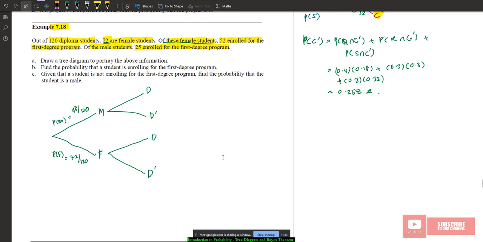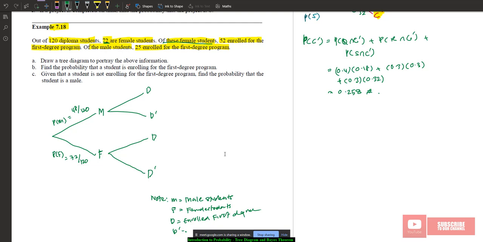Right, before I forget about the tree diagram, when you are using the notation here, you should put some notes here, right? M is equal to male students, F should be equal to female students, and D is equal to enroll first degree, and D complement is not enroll to the first degree.